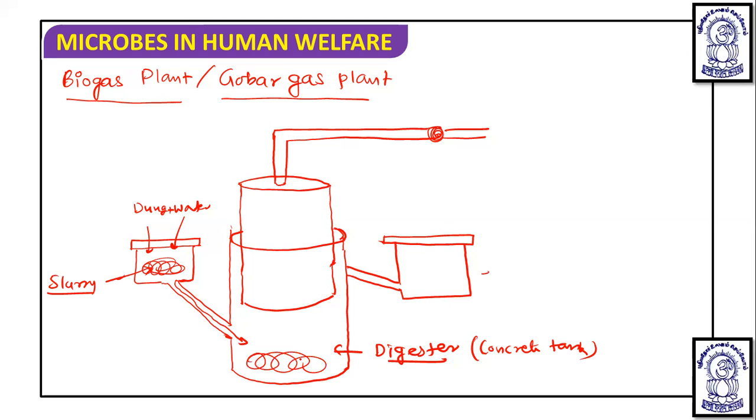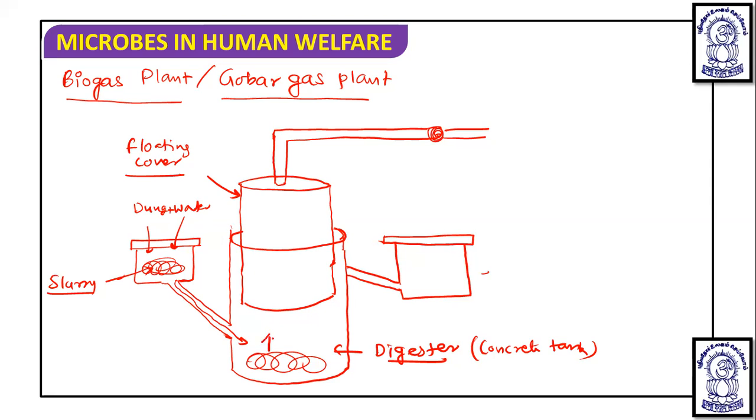Now, above the slurry in this concrete tank, a floating cover is placed, and we can call it a gas holder. The floating cover placed over the slurry keeps on rising as the gas is produced.